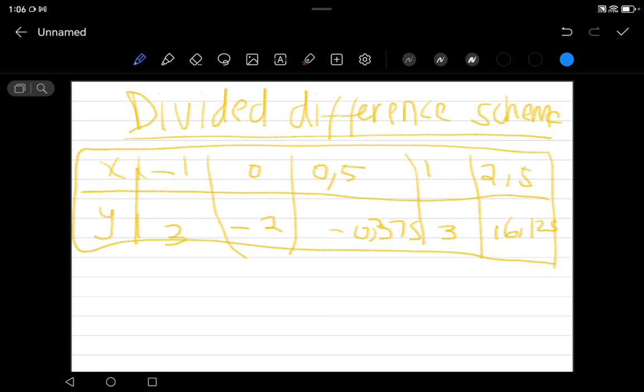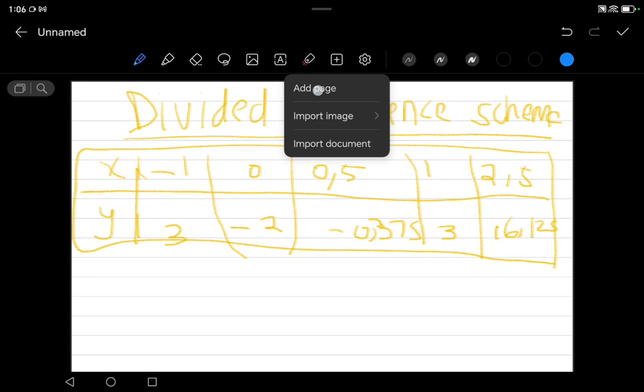Now remember, every time we're doing divided, forward, or backward, we start by constructing a table. So let's construct a table.